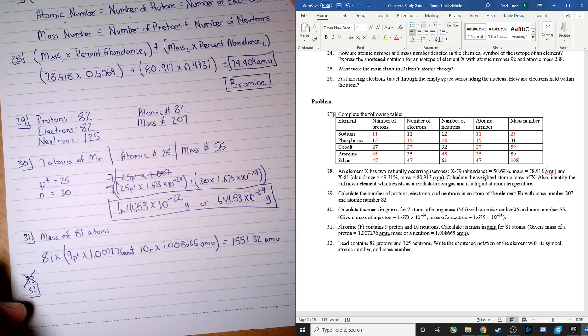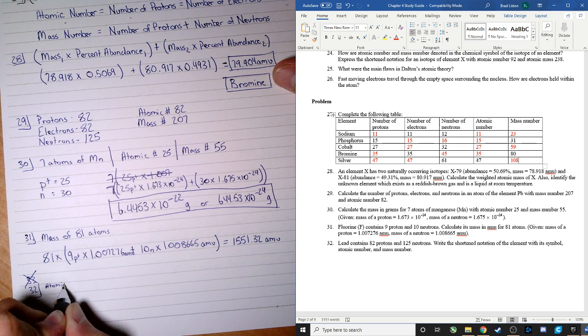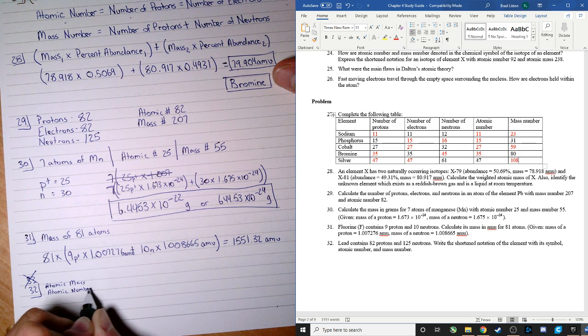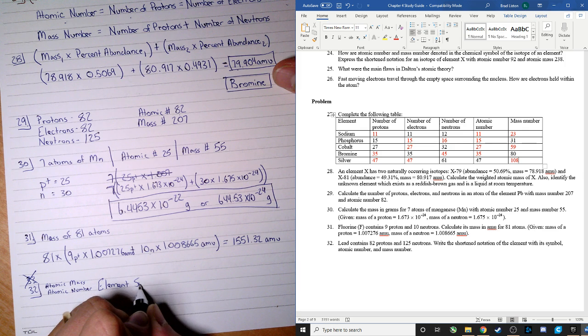So if you rewind back up to problem 24, you have the atomic mass up here, the atomic number down here, and then you have the element symbol over here.